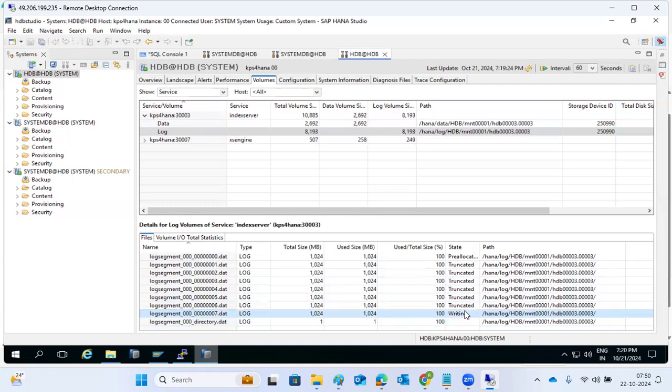Sir, while observing, the HANA log and HANA data were at 7% and 6% in production.